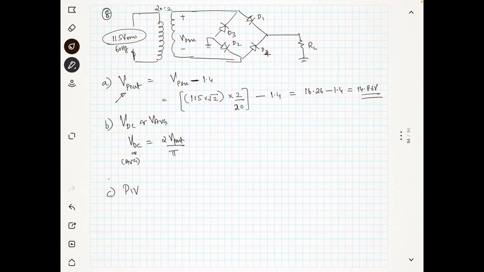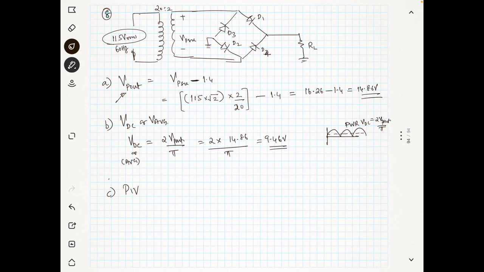It is because it is a full wave rectifier. So VDC is equal to 2 times Vp out over pi is the formula. So this is 2 into 14.86 divided by pi. Okay, so you will get this answer as 9.46 volt.